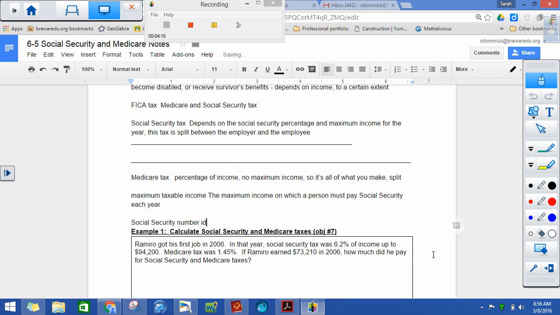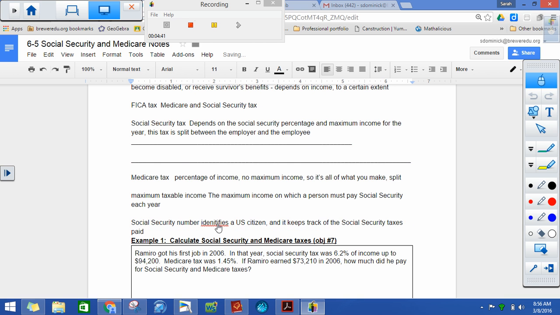So it identifies you, identifies a U.S. citizen, and it keeps track of the Social Security taxes paid. Okay?